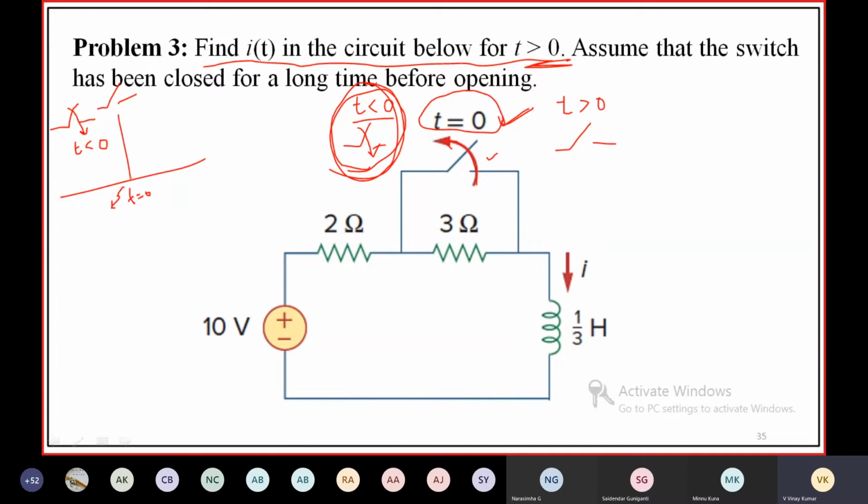Here this instant is t is equal to 0, where you are opening the switch. Once you open the switch at t is equal to 0, it will remain opened, so for t greater than 0 it is also opened.